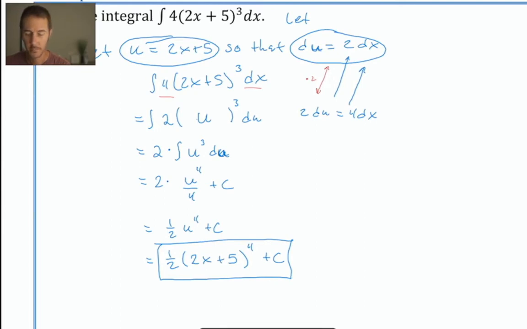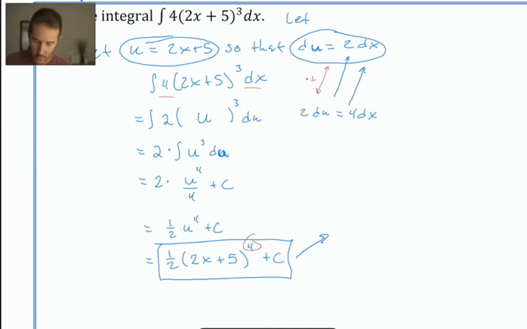Really? Yes, really. Could you prove it to me? I sure could. I could take the derivative of this answer, and I better get 4 times 2x plus 5 to the 3rd. And in fact, I would.